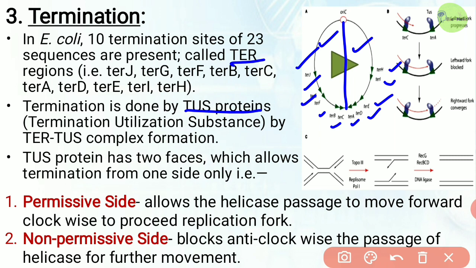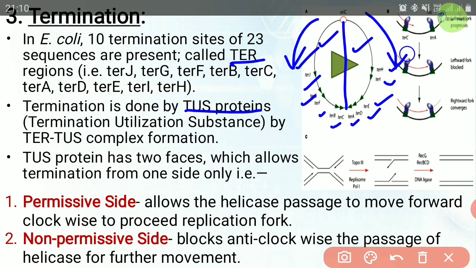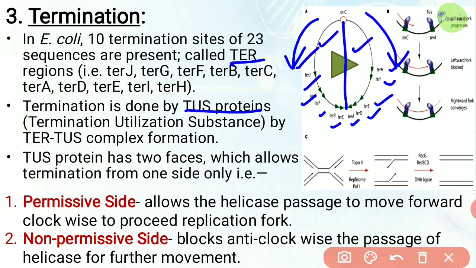So the permissive side allows helicase passage to move forward to proceed with the replication fork, and the non-permissive side blocks the passage of helicase for further movement. So those two-face arrangements allow termination from one side only, like in the clockwise direction or in the anti-clockwise direction. Okay?